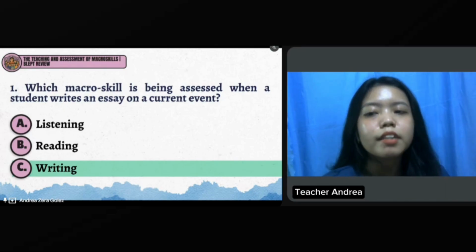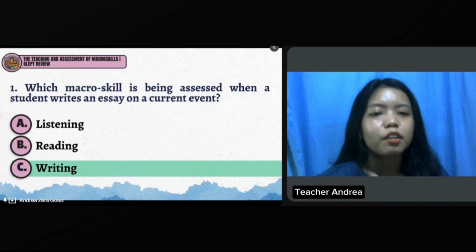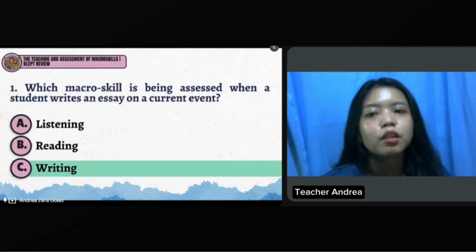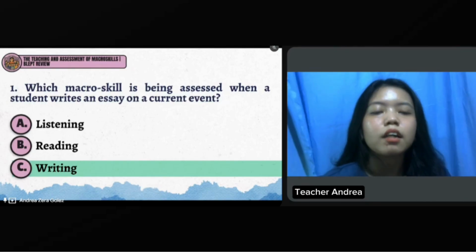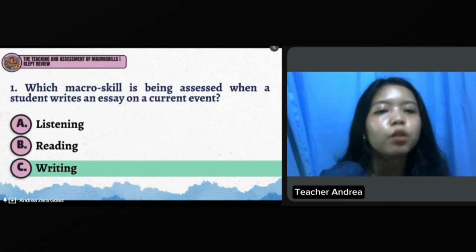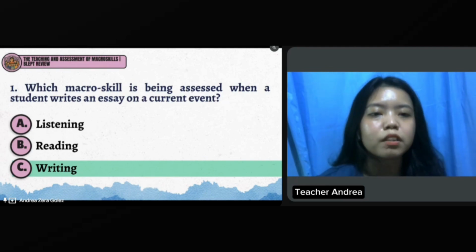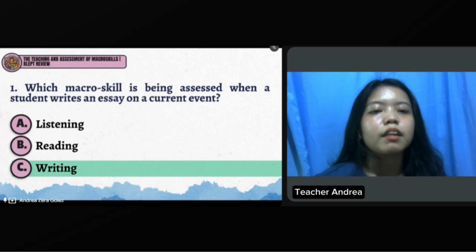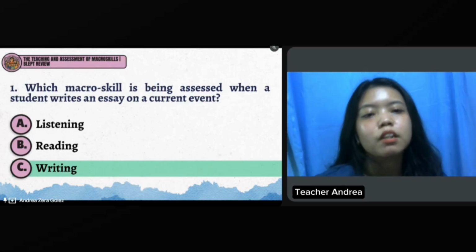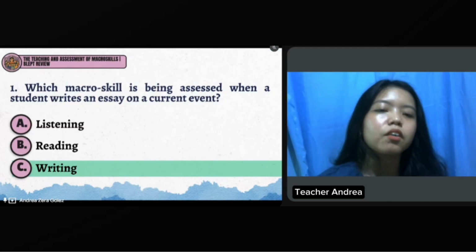On the other hand, reading, letter B, is also not included in the action that the student demonstrated. So we conclude that writing is the macro skill that the student used in the scenario, where a student writes an essay on a current event.